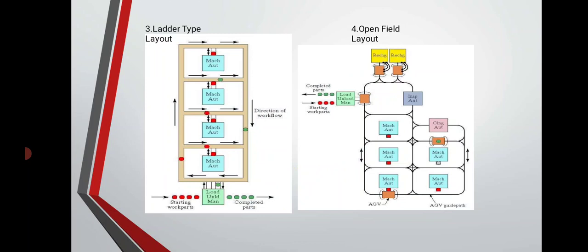This ladder type, an adaptation of the loop layout, consists of a loop with rungs on which workstations are located. Fourth one, open field. The open field layout is also an adaptation of the loop configuration, consisting of multiple loops and ladders organized to achieve the desired processing requirements.